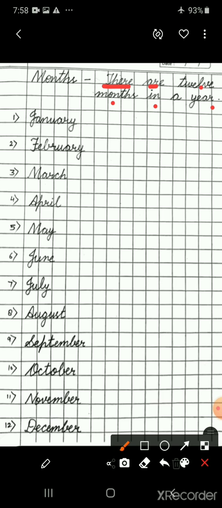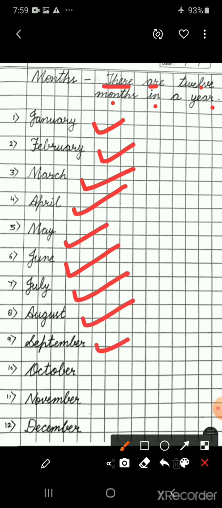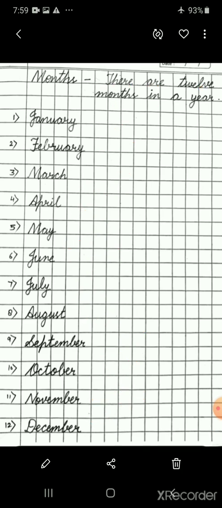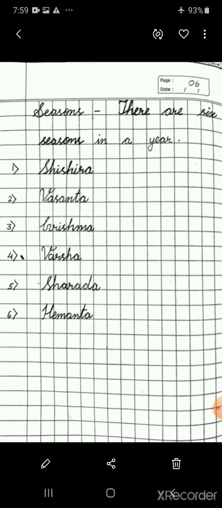After that you will have to write all the months' names here: January, February, March, April, May, June, July, August, September, October, November and December. Like this you will write all the months' names one by one very clearly.